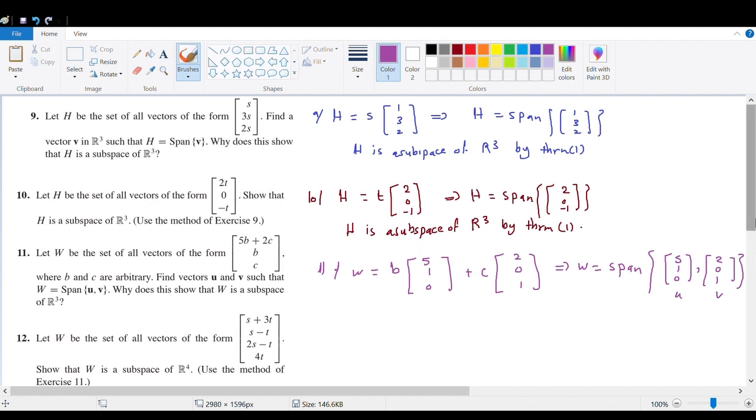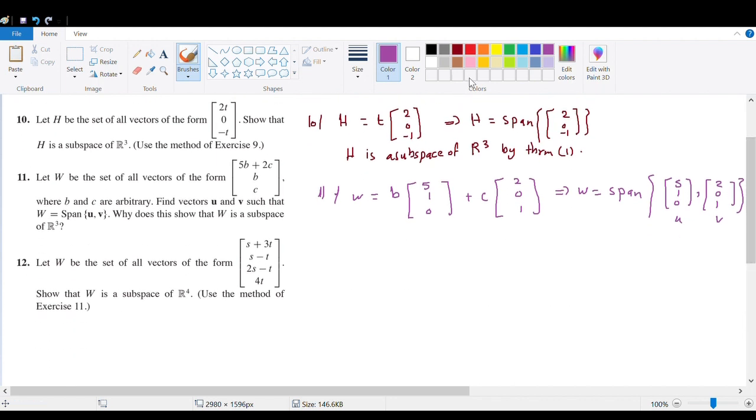Now for 12, let W be the set of all vectors of this form (s plus 3t, s minus t, 2s minus t, 4t). Show that W is a subspace of R4. So we need to write this W as a combination.